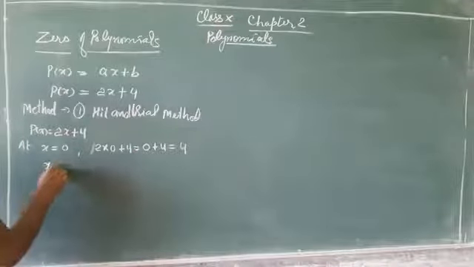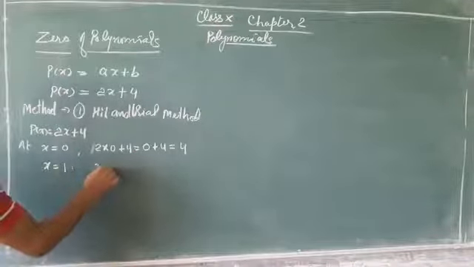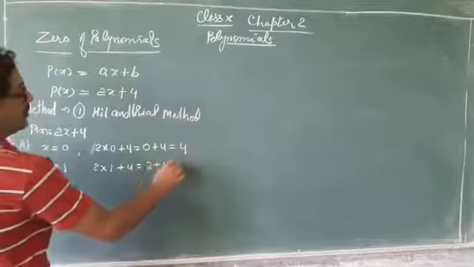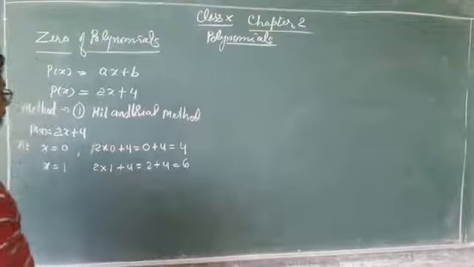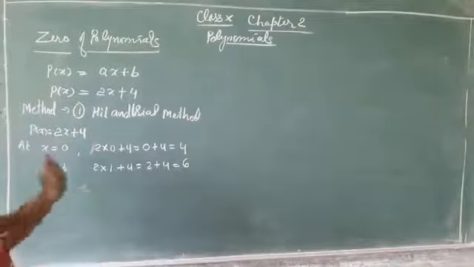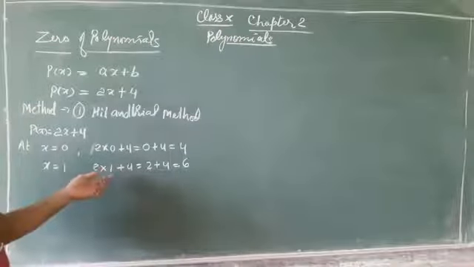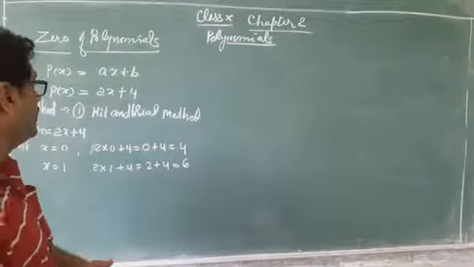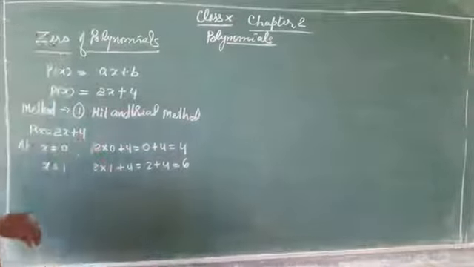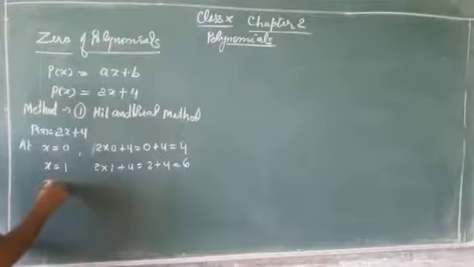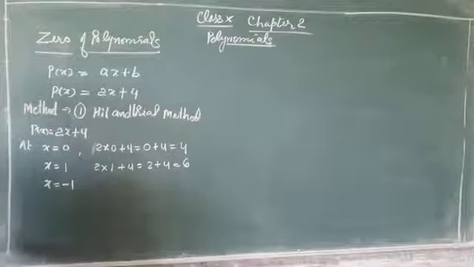Again at x is equal to 1, so 2 into 1 plus 4, that is 2 plus 4, it becomes 6. We can see that if we put positive integers 1, 2, 3, 4, the values are in increasing order. So we try negative integers.